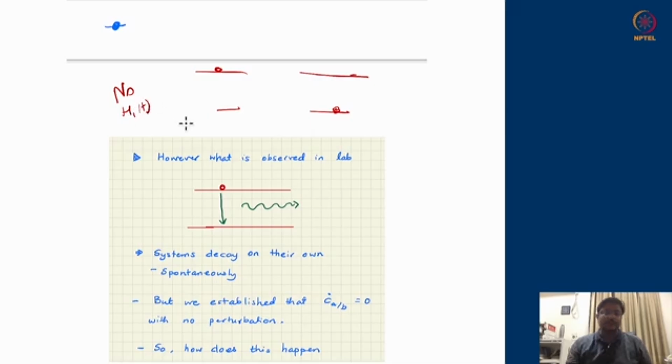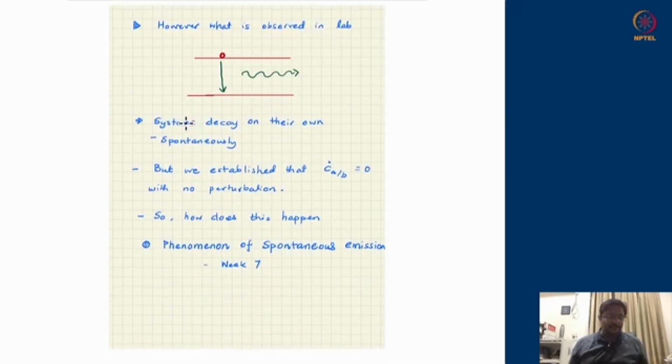However, this is not what we see in the lab. In the lab, what we see is an excited atom automatically goes down to the ground state without any externally applied field. And this is called the process of spontaneous emission, that nothing is causing it to come to the ground state.